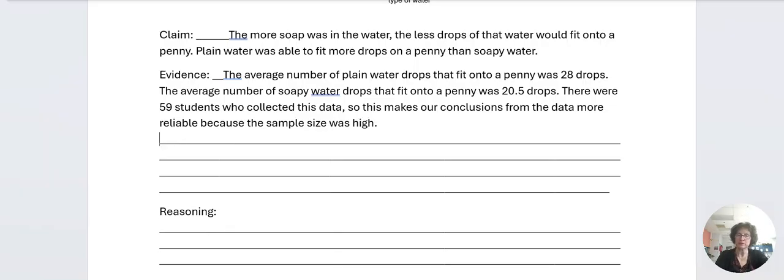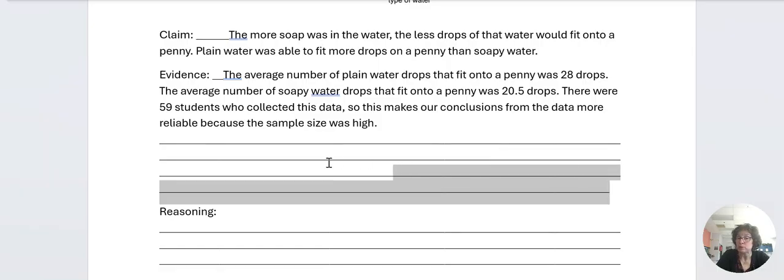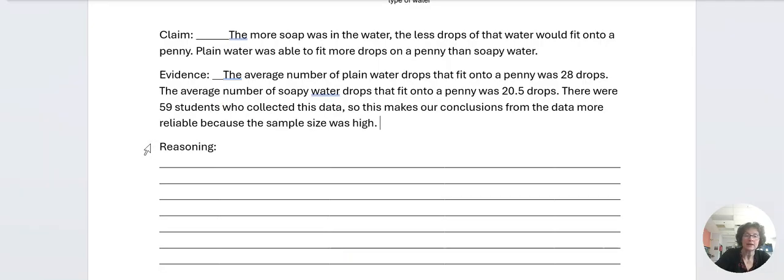You wouldn't have been able to be as certain about this data if only two people had been doing this lab. With a sample size of 2, you wouldn't be as certain that you really had enough data to make the claim that the soap really made a difference. But you've got almost 60 people that did this in 2 different classes. So that makes us more confident, right?